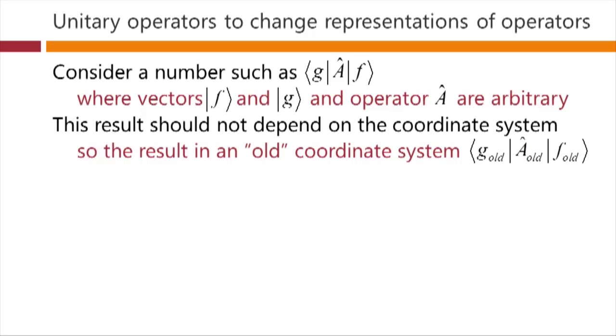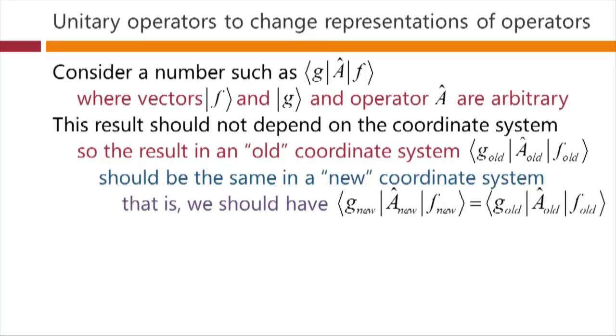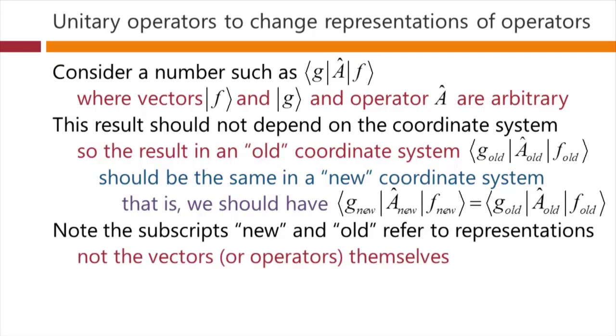So the result of this in some old coordinate system should be the same as in the new coordinate system. So therefore, however we get to this answer here in the new coordinate system should be the same as the answer in the old coordinate system. Note that the subscripts old and new refer to the representations, not to the vectors or the operators themselves.